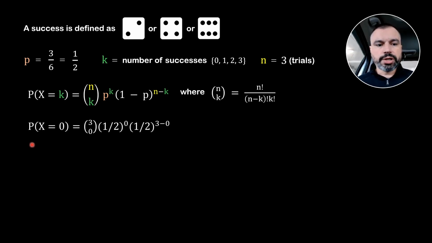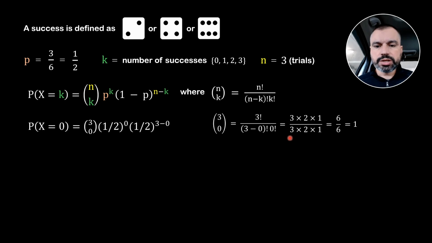So the probability of x being equal to 0 successes is 3 choose 0 multiplied by 0.5 raised to the power of 0 multiplied by 0.5 raised to the power of 3, where 3 choose 0, so this part, is equal to 3 factorial divided by 3 factorial times 0 factorial.